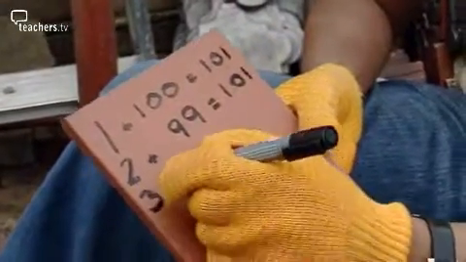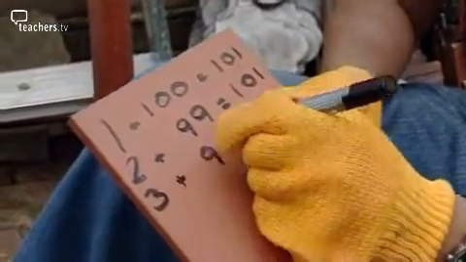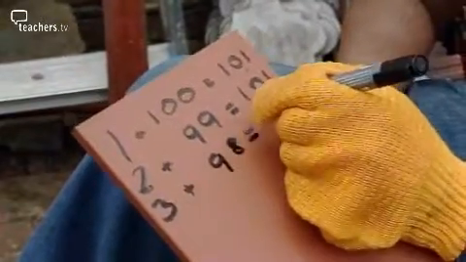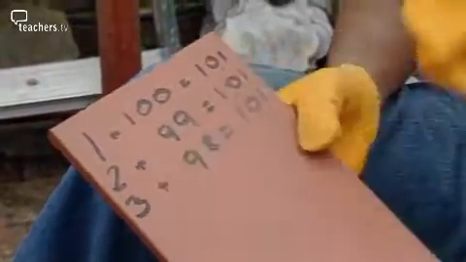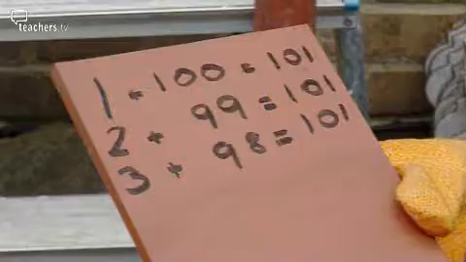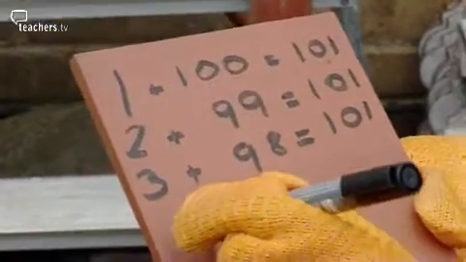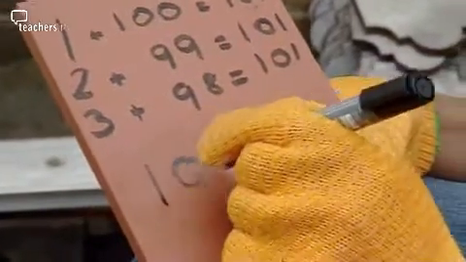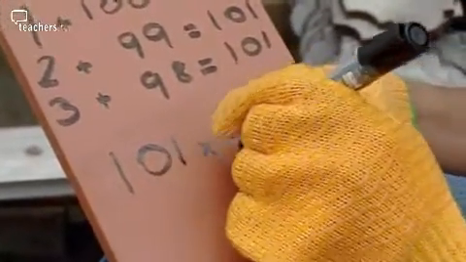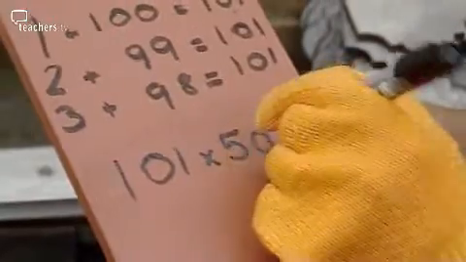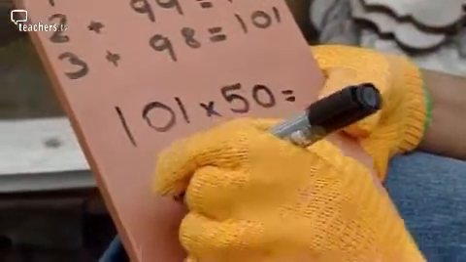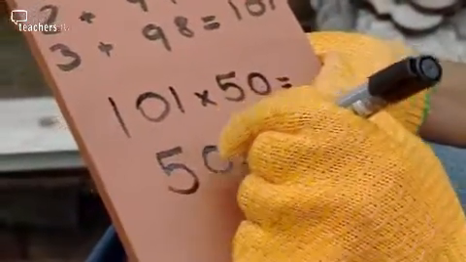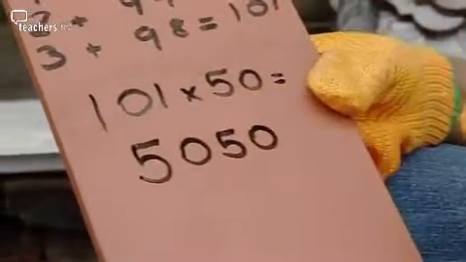The third plus 98, and that equals 101. So, in 100 rows, there are 50 pairs of numbers that total 101. So the total of all the numbers must be 101 multiplied by 50 pairs of numbers equals 5,050 bricks.